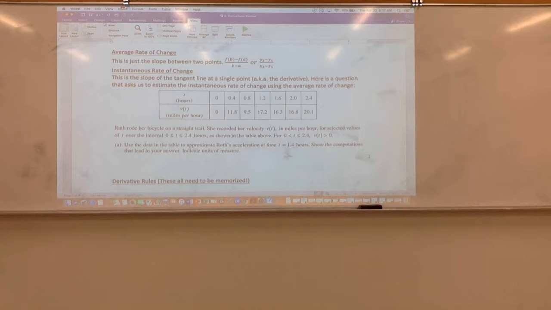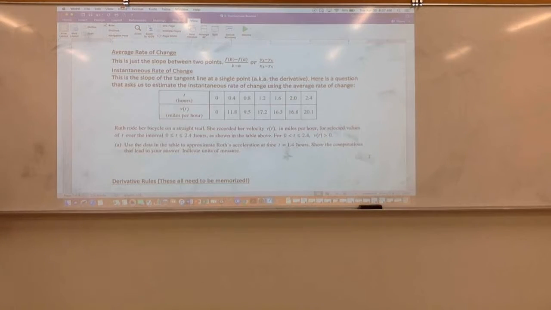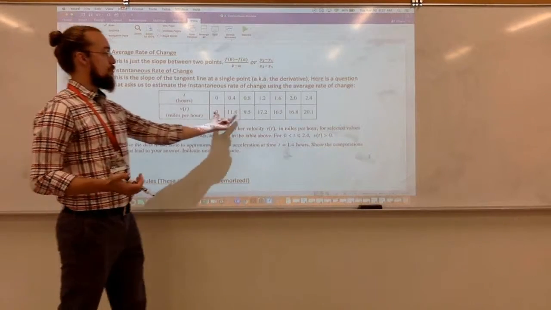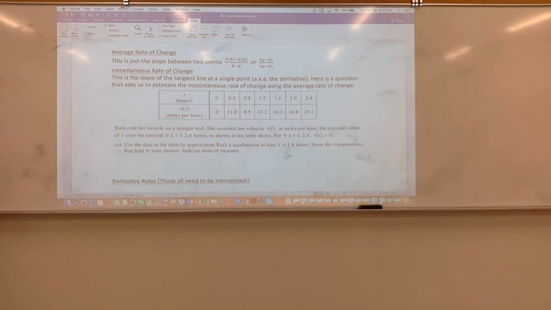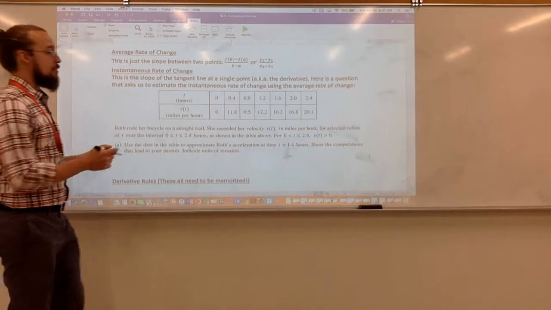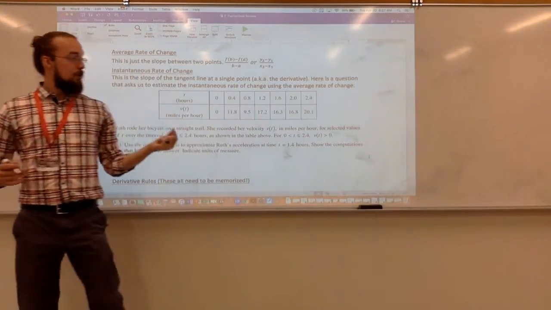We know that acceleration is the derivative of velocity. So if I want to estimate the acceleration given points on a velocity curve, I would want to find the slope. To estimate the slope at 1.4, I want to find the slope between these 2 points here.